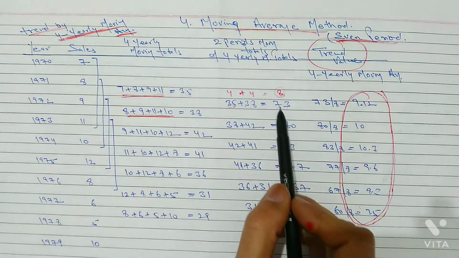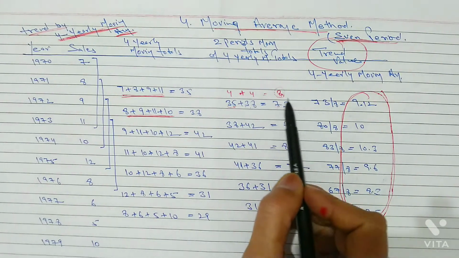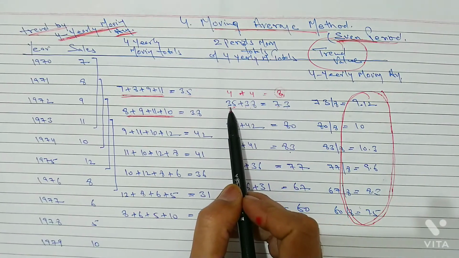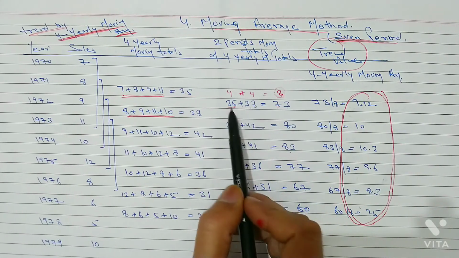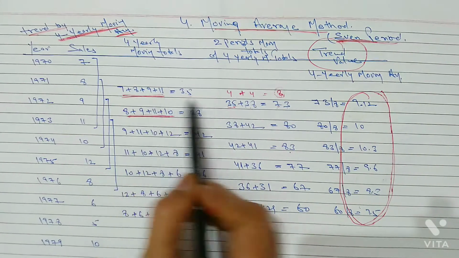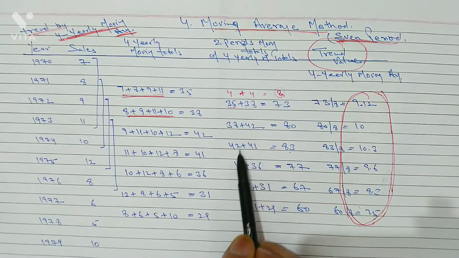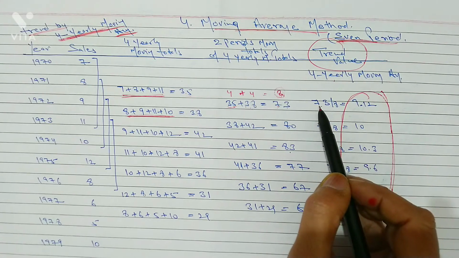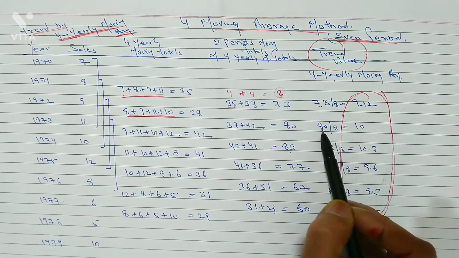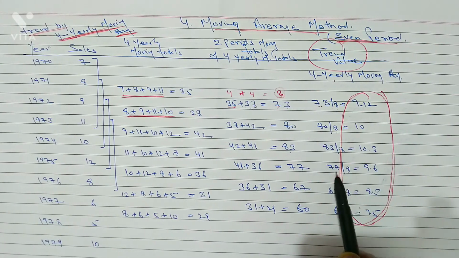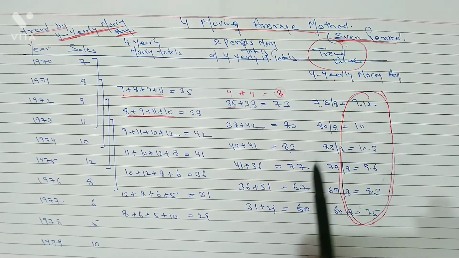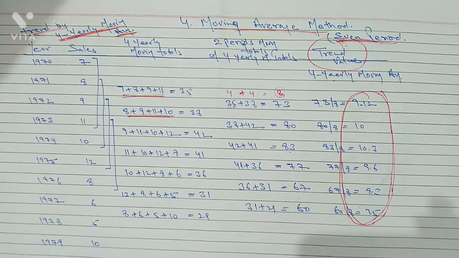Clear? 73 means sum total of 8 terms. 73 is a total of 35 plus 38. 35 includes the first 4 terms, 38 the next 4, same way for other terms. So for calculating the average, we divide 73 by 8, 80 by 8, 83 by 8 for even periods of time. So this is a moving average using an even period of time.